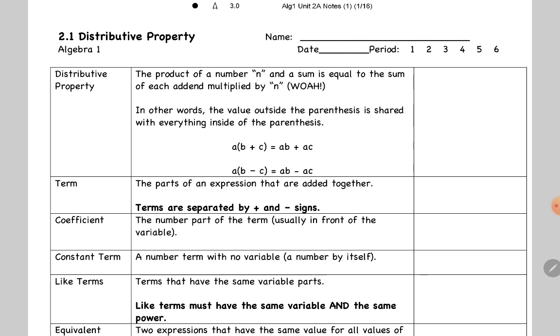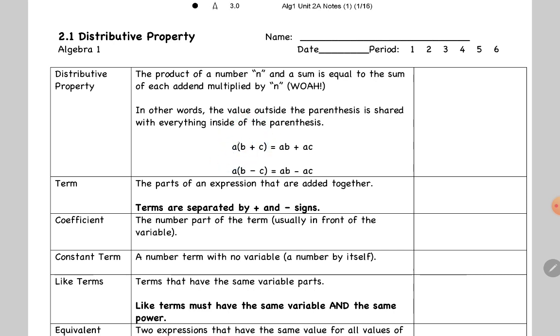The product of a number a and a sum is equal to the sum of each addend multiplied by a. So basically what they're doing here is we have a number times a sum.